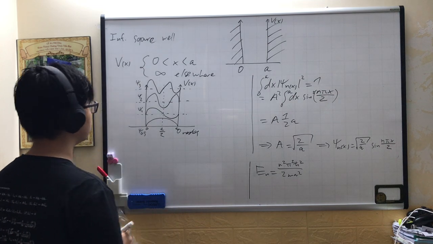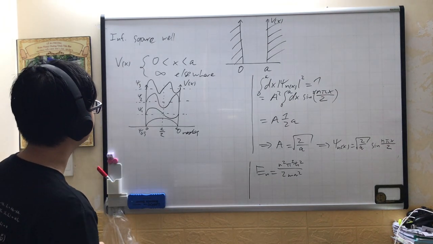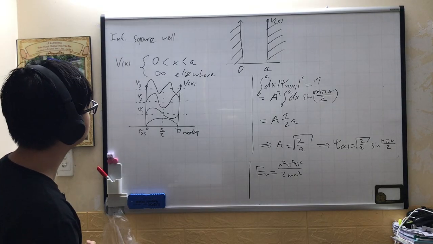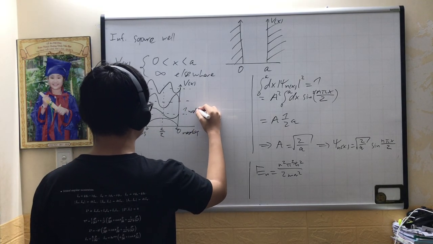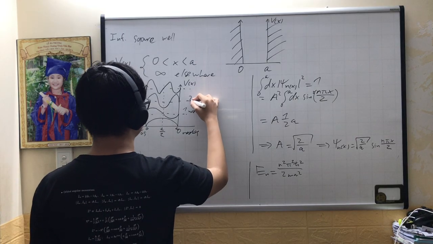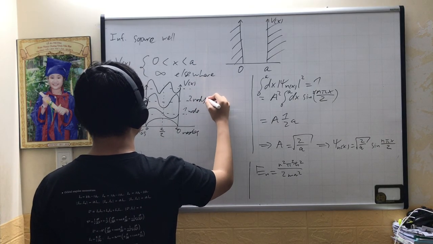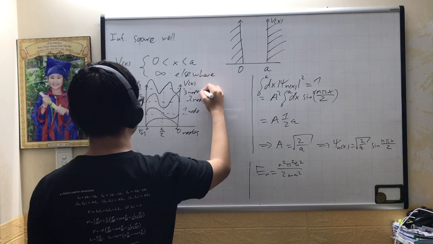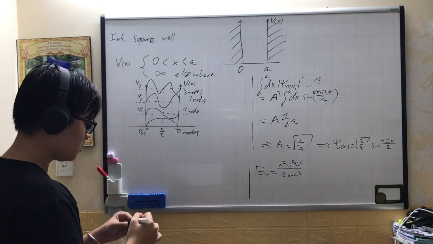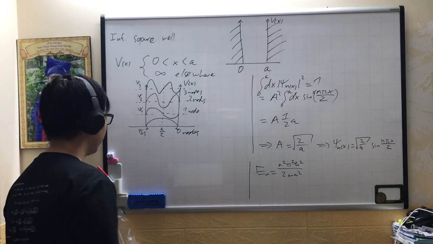Okay, my drawing is a bit bad. Yeah, this has 1 node, 2 nodes, and 3 nodes. So you can see some sort of pattern here.